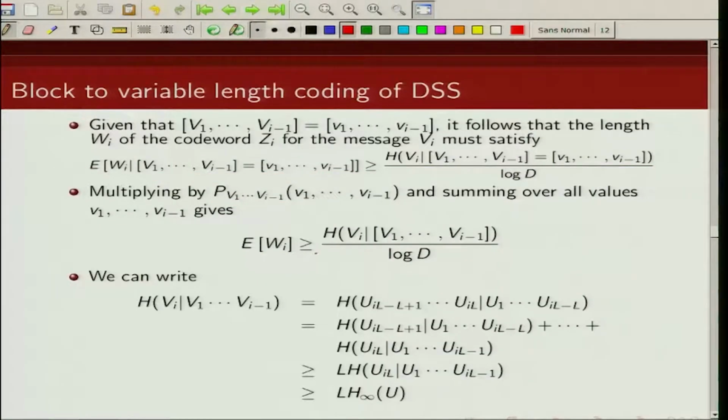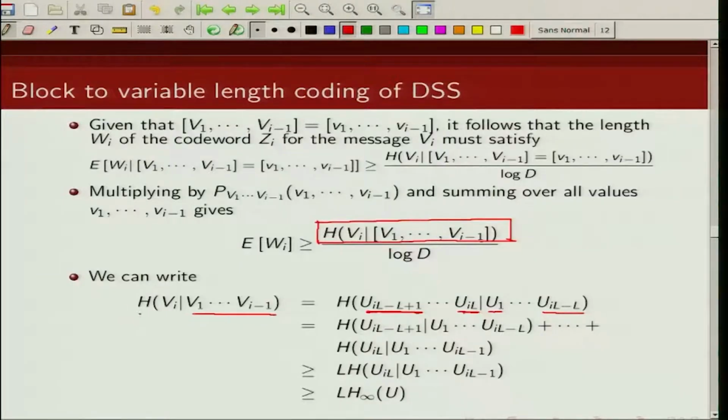Next, let us pay a little attention to this term, the uncertainty in Vi given V1, V2, V3, up to Vi minus 1. Now what is Vi? Vi is essentially U(iL minus L plus 1) up to U(iL). So this is a block of L letters starting at this location to this location, right? And what is V1 to Vi minus 1? This is U1, U2, U3 up to U(iL minus L).